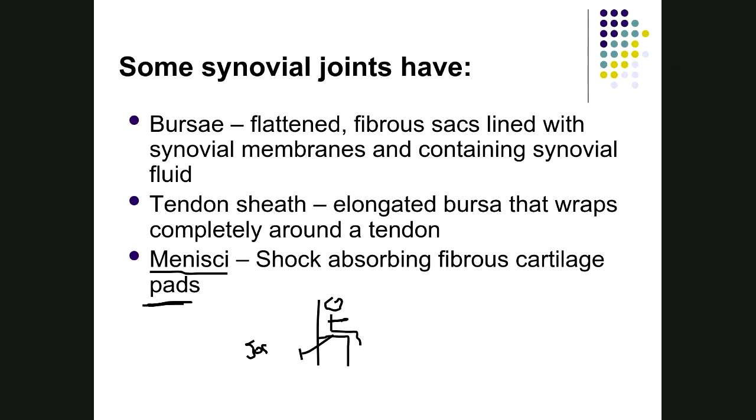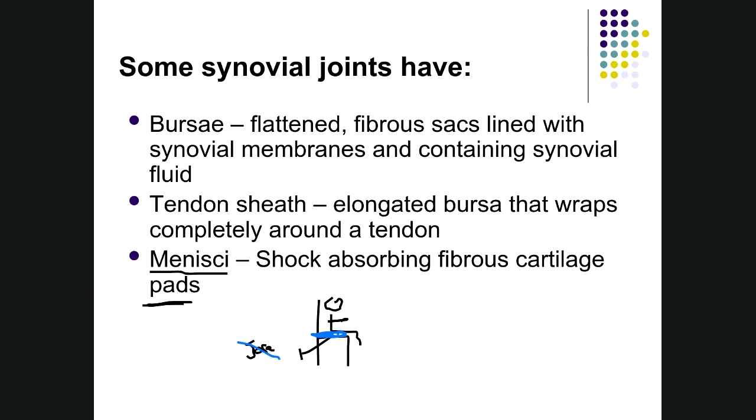After a while, you get tired of sitting in that chair. But if you are smart, and instead of just sitting on the hard chair you get a cushion, a pillow of some kind, when you sit on that, it's going to absorb the shock. It's going to cushion your rear end, and so you're going to be less sore.